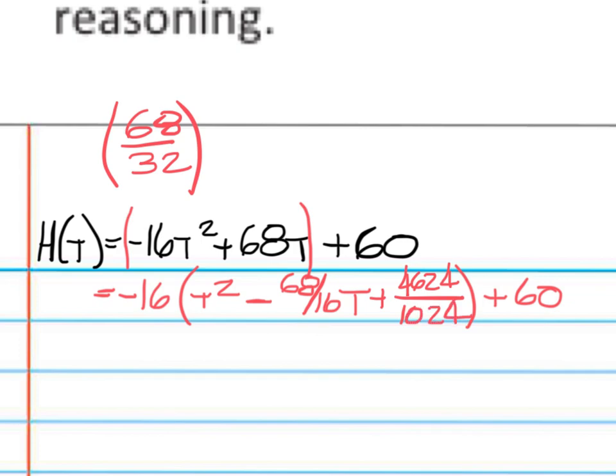We have not added just 4624 over 1024 to this function. What we have done is this, negative 16 times this. And since this is negative, this is positive, when you multiply them together you get a negative. So we can consider this to be a subtraction of 16 times this fraction.